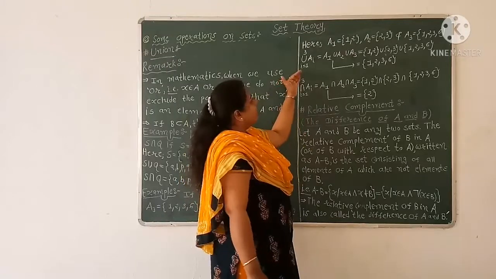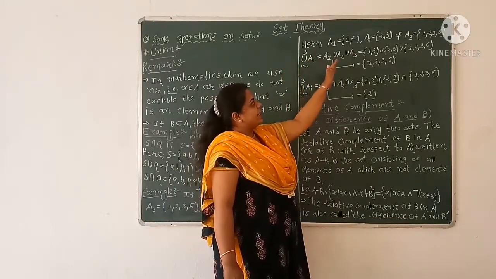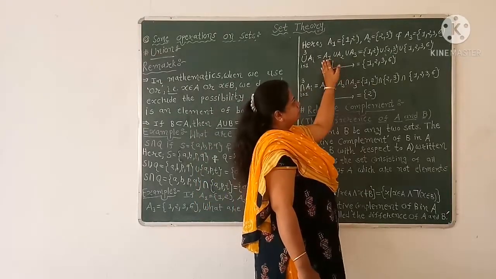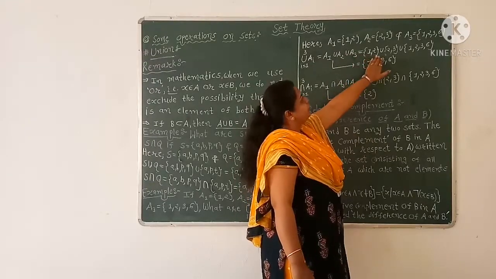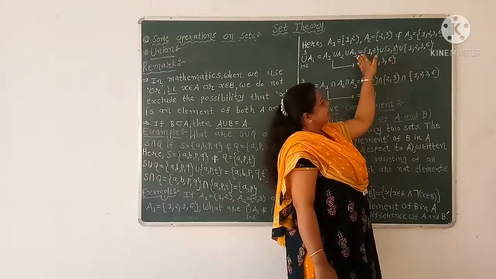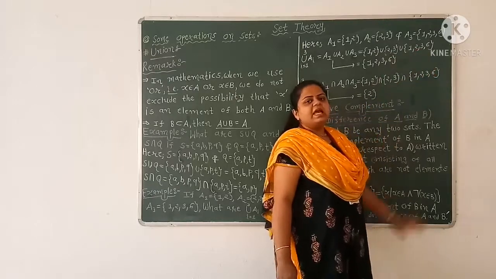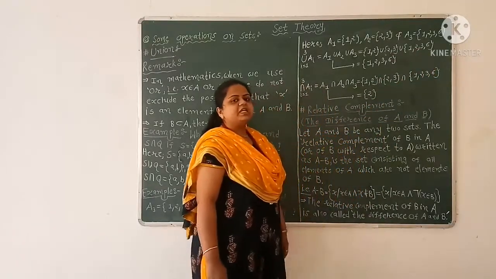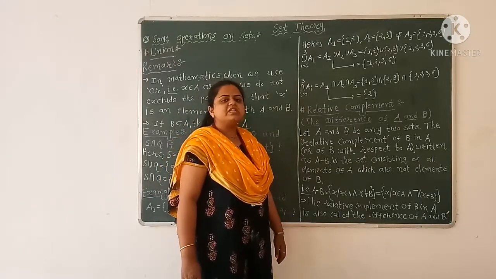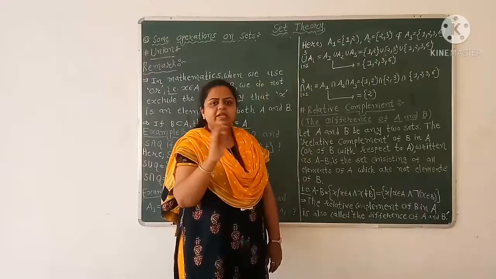So union i equal to 1 to 3 Ai is equal to A1 union A2 union A3. Here A1 equal to set of 1, 2, union A2 that is set of 2, 3, union A3 that is set of 1, 2, 3, 6. And we know that A1 union A2 union A3 is the set of elements which are in A1 or in A2 or in A3, or in OR.